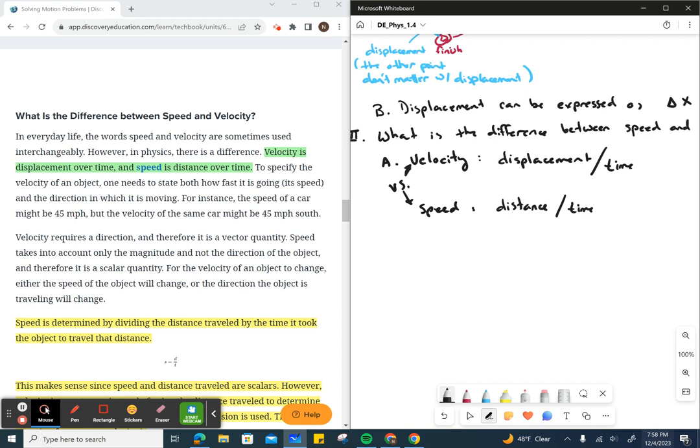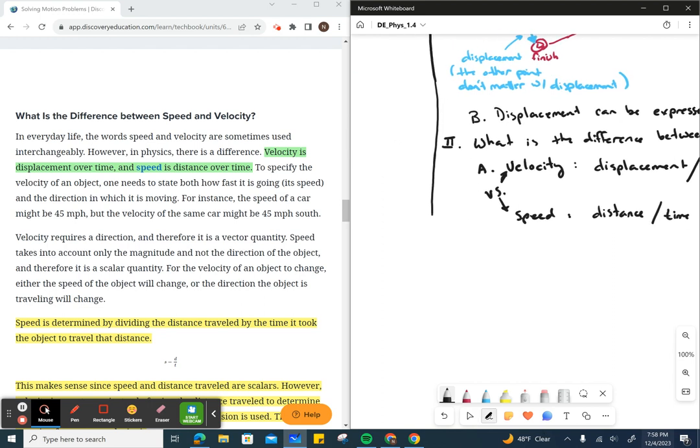To specify the velocity of an object, one needs to state both how fast it is going, its speed, and the direction in which it is moving. So here maybe we can make a little note to ourselves.